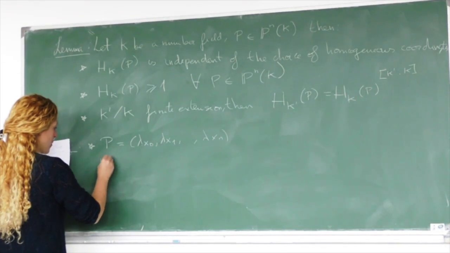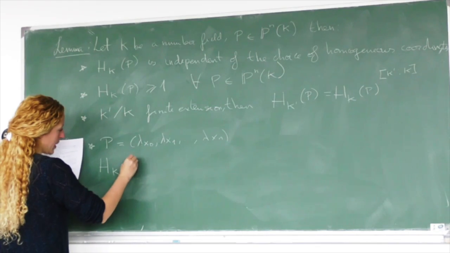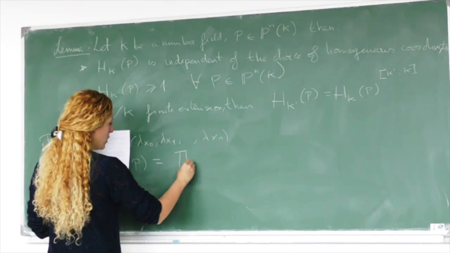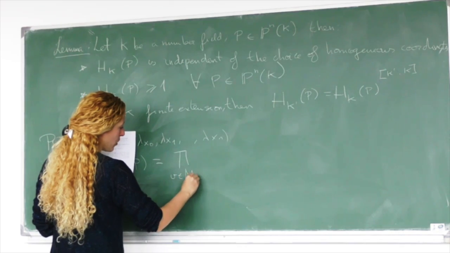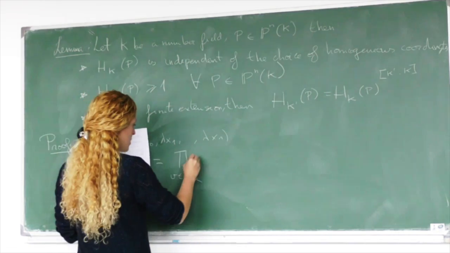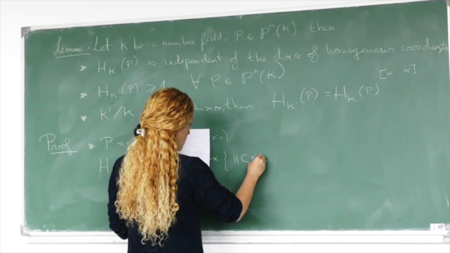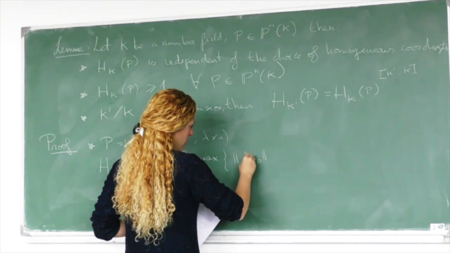Okay, so then the height of P is equal to the product, when I take all the evaluations in MK, of the maximum of this. Sorry, lambda.